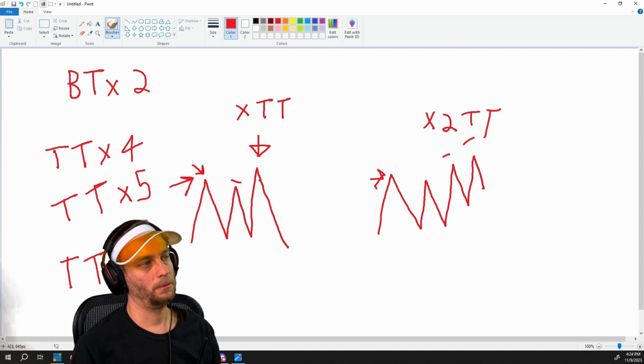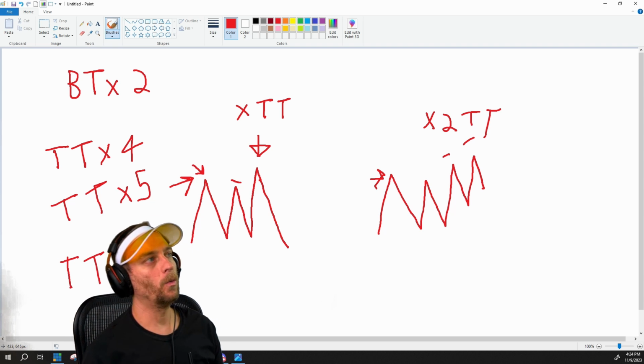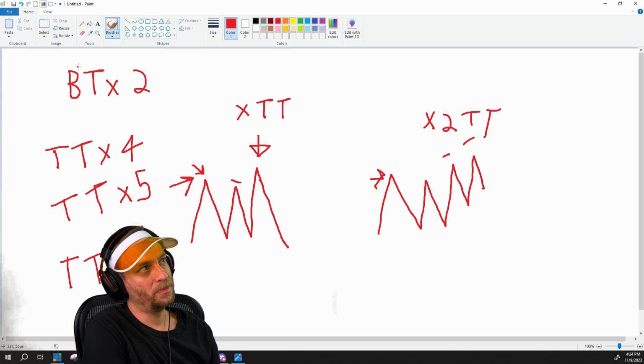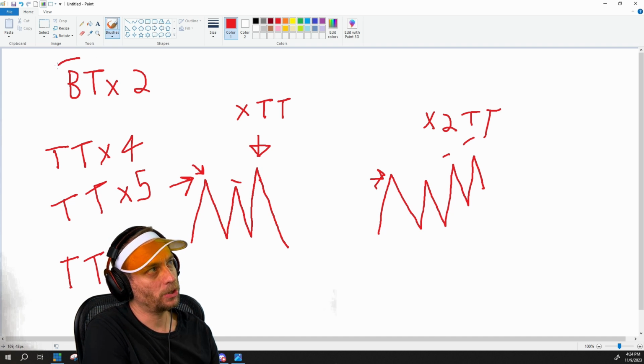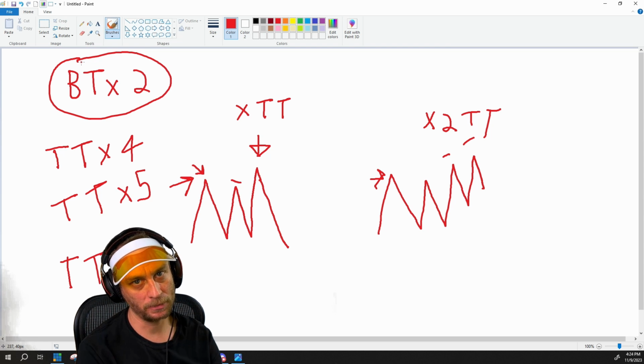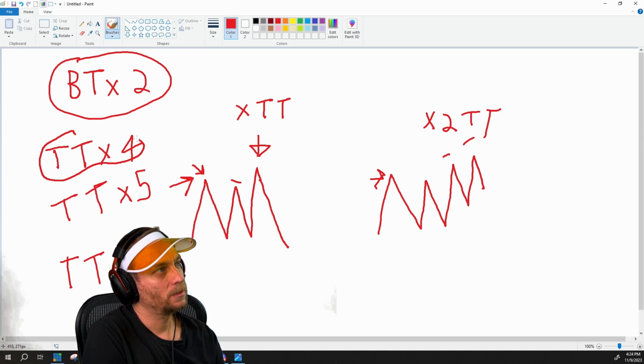So what these are all telling me is a specific range I'm measuring has 2 bottom ticks. Again, a bottom tick is the same thing as a top tick. This is telling me the range has 4 top ticks.